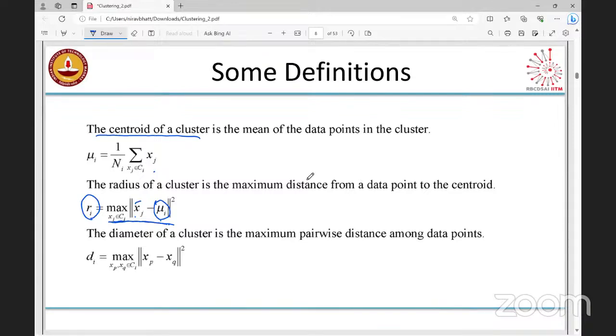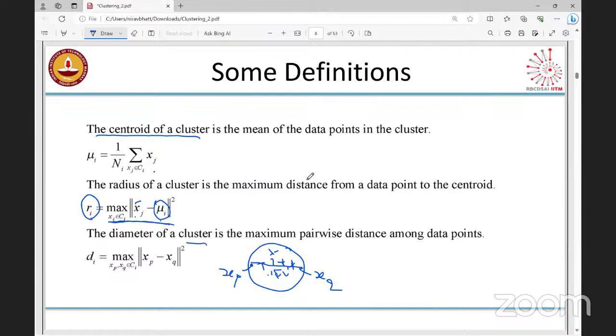Similarly, you can find the diameter of the cluster. If there are different points in a cluster, then you look at the maximum pairwise distance among all the pairs in the cluster.